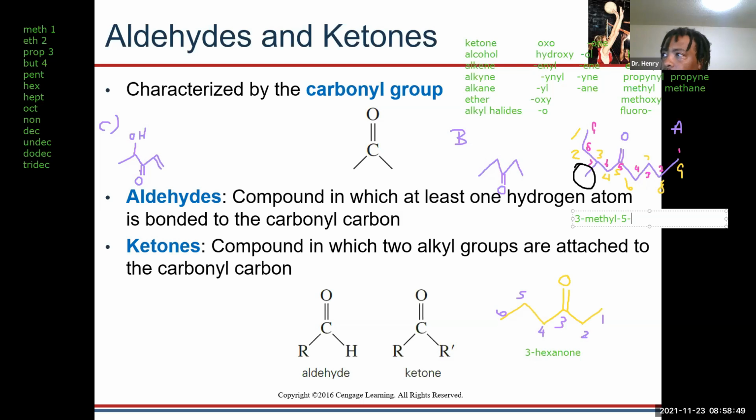And since it's a 9 carbon chain, what is a 9 carbon chain? No. So it's nonane. So it's nonanol. Okay. So 3 methyl, 5 nonanol.